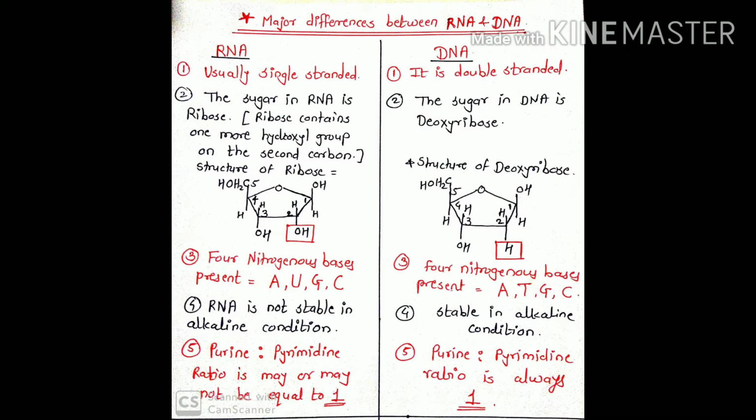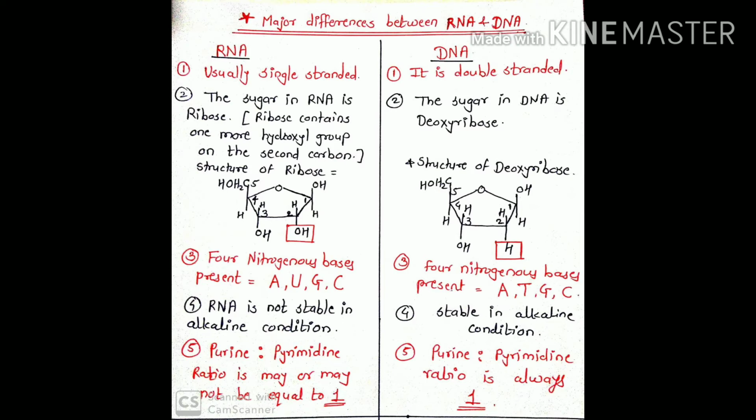The first difference is usually RNA is a single stranded molecule and DNA is a double stranded molecule. Then the second difference is the sugar in RNA is ribose and that present in DNA is deoxyribose. The difference in this sugar is due to the presence of hydroxyl, that means OH group, on second carbon of the sugar molecule.